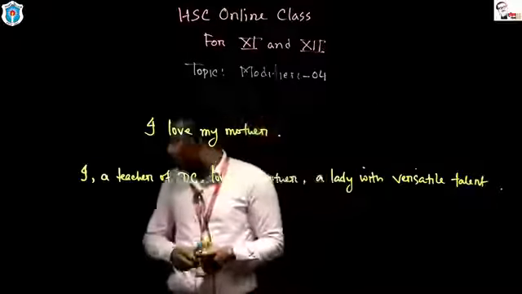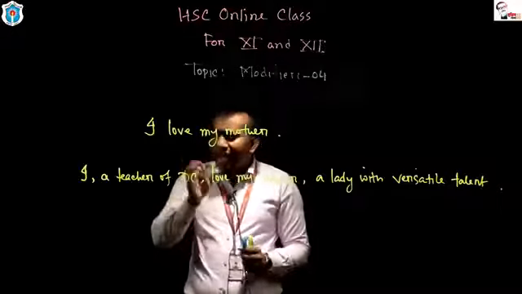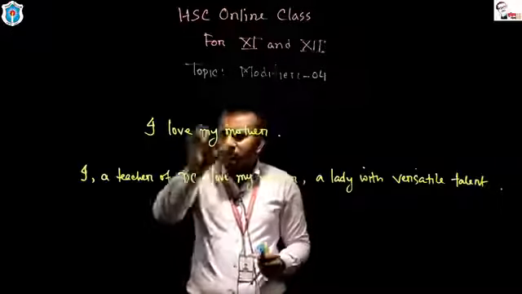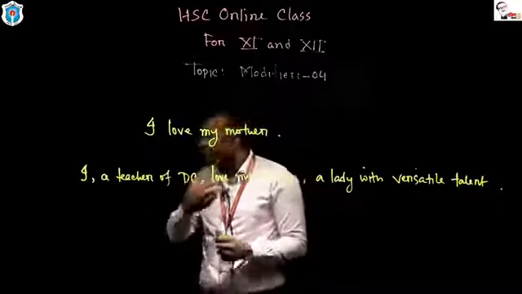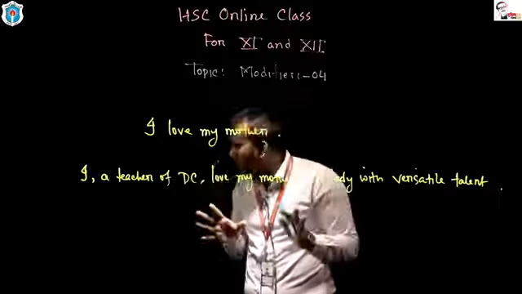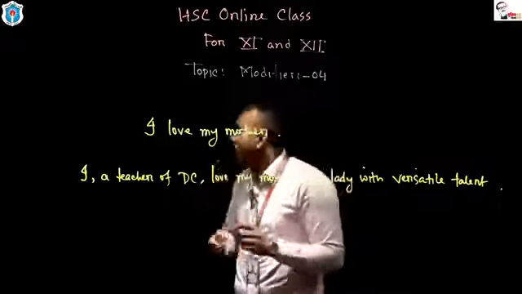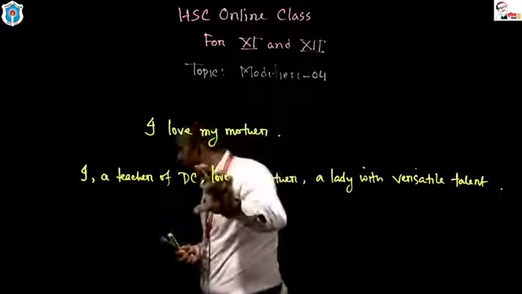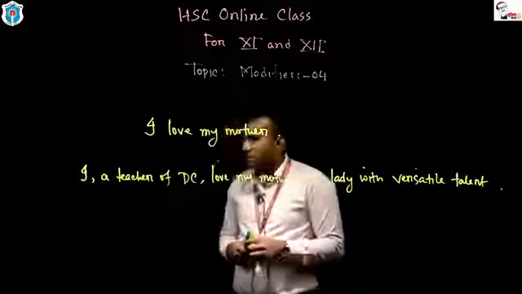Try to differentiate between the two sentences. Can you identify the standard of the two sentences? Which one is more acceptable? Both of the sentences are correct, but which one do you need to write? This one or that one?